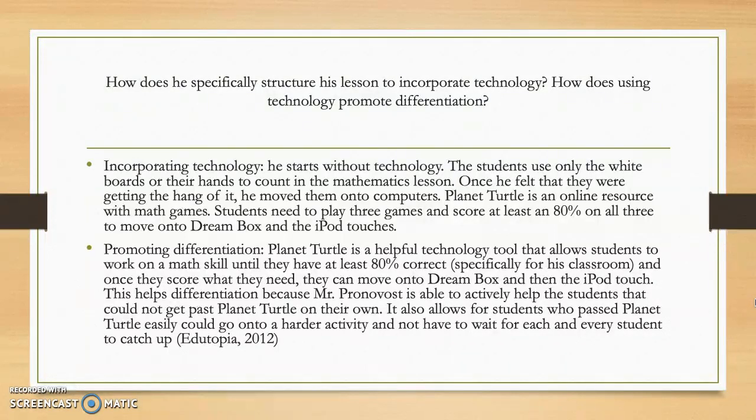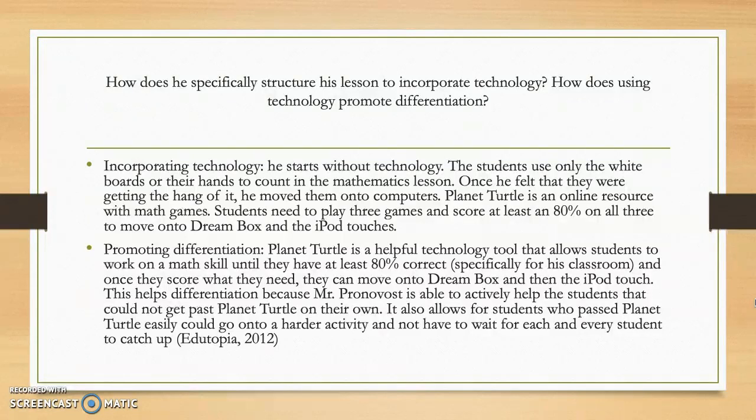As far as promoting differentiation, Planet Turtle is a helpful technology tool that allows students to work on a math skill until they have at least 80% correct, specifically for his classroom. And once they score what they need to score, they can move on to Dreambox and then the iPod Touch. This helps differentiation because Mr. Pronovost is able to actively help the students that could not get past Planet Turtle on their own.